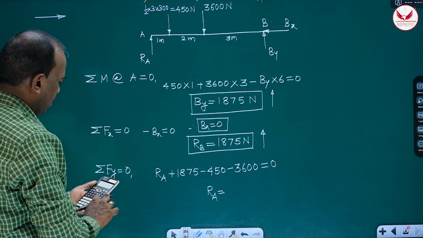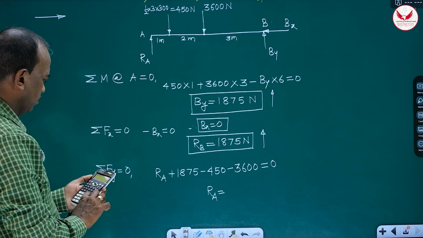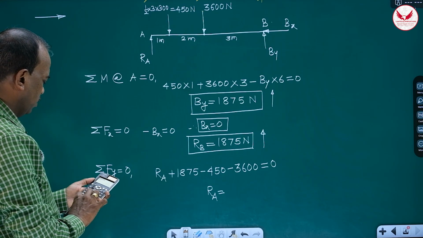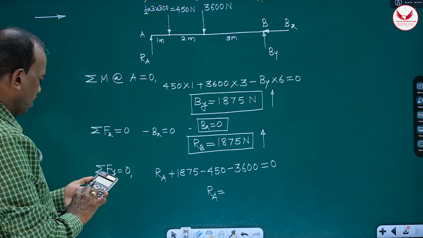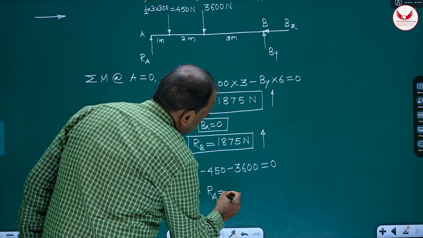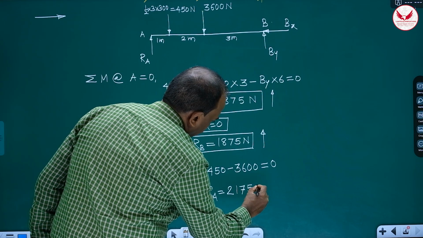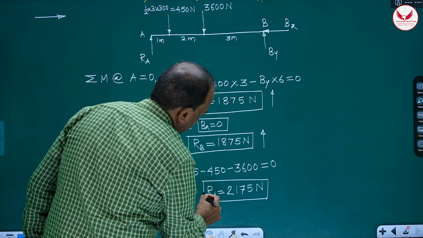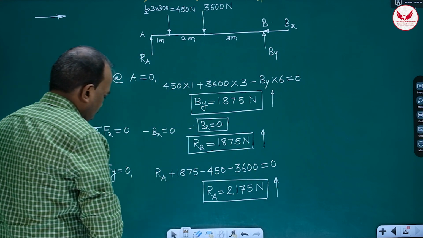Ra is going to be 3600 plus 450 minus 1875. It is 2175 Newton. So this is the answer, vertically upward.